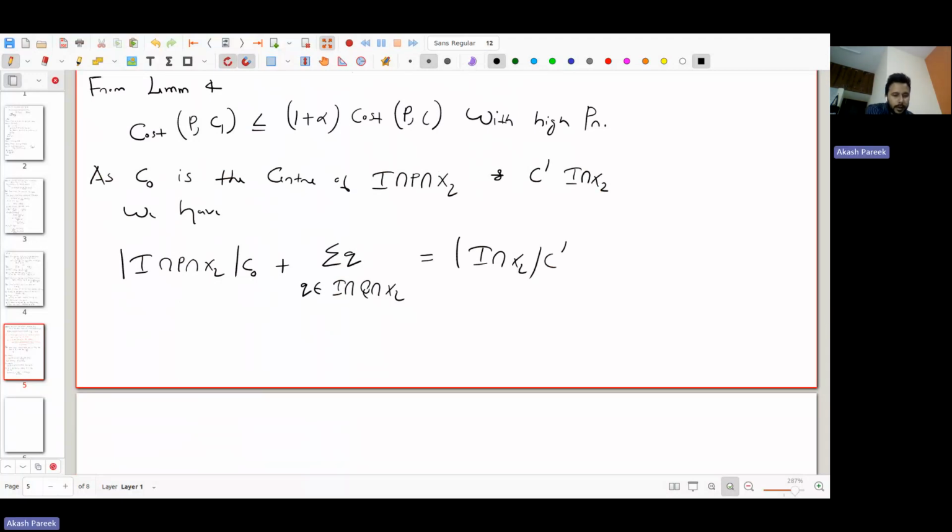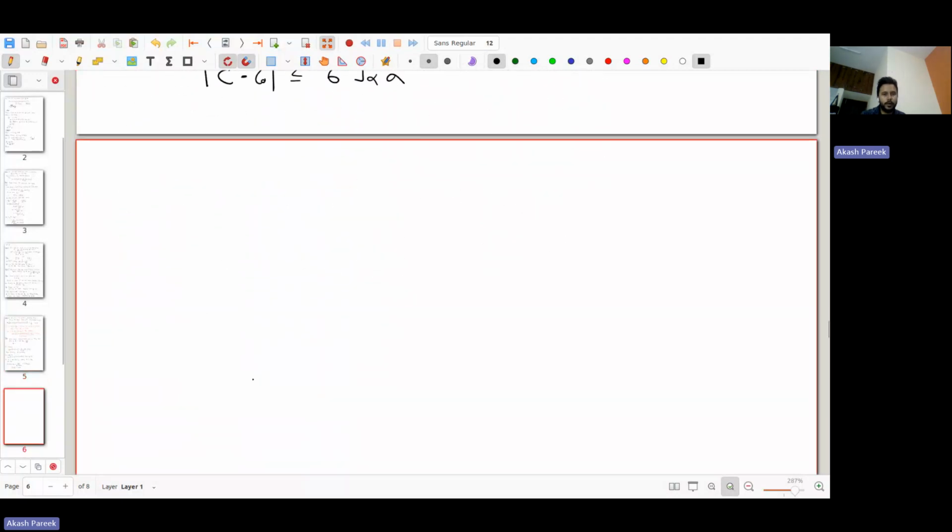And as we know the length of I is 2 sigma by root alpha, and taking alpha to be very small, such that this quantity C dash minus C0 is bounded by 6 root alpha times sigma, right? We get our result as follows.